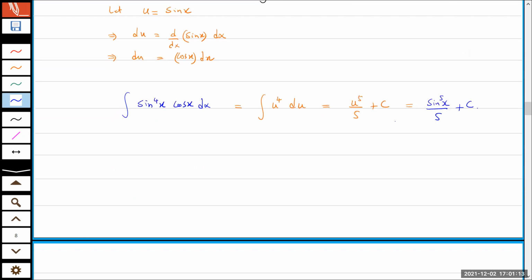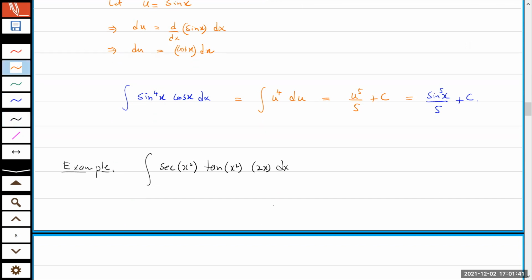Okay, now I take another example. The indefinite integral of secant x squared tangent x squared 2x dx. Now, there are quite a lot of different ways in which we can do that.